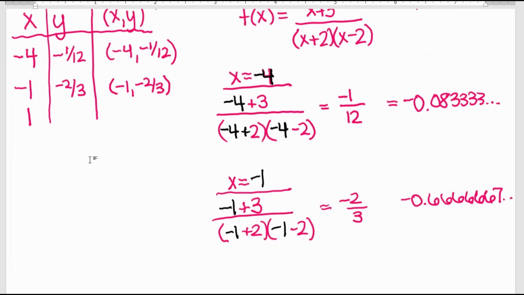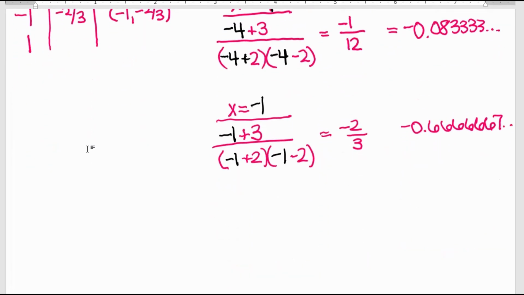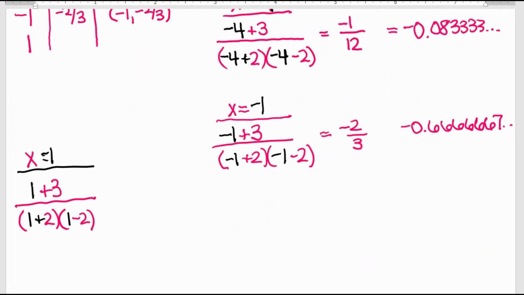Plugging in just like we have been. Let's scroll down just a little bit. So x equal to 1. We're going to have (1 plus 3) all over (1 plus 2) times (1 minus 2). And we wind up getting negative 4 thirds.